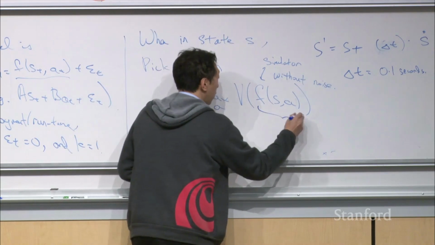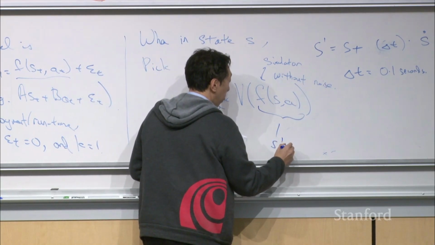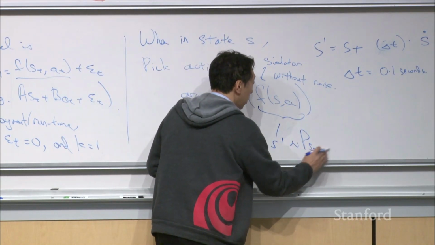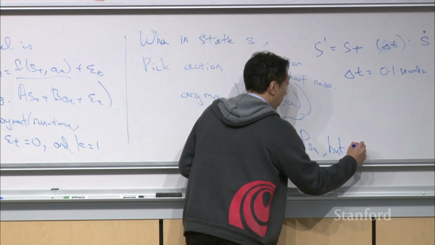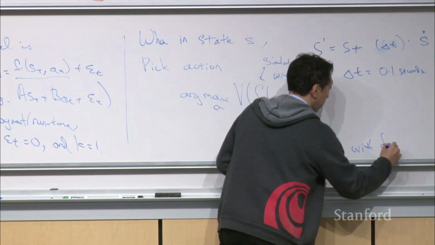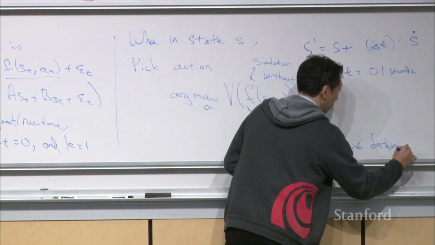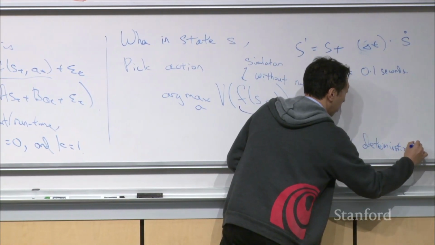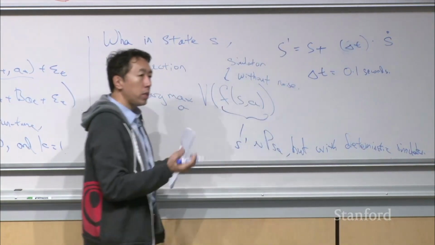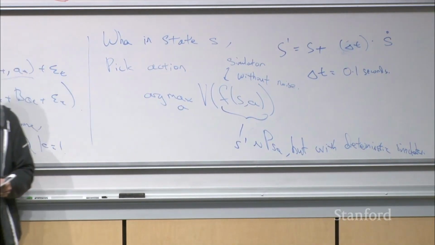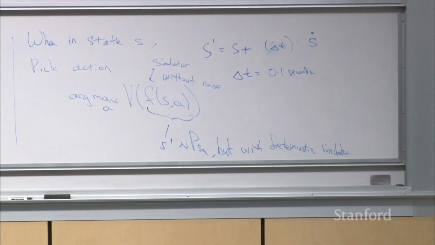So this is really S prime drawn from P_SA, but with a deterministic simulator, right? So every 10th of a second, you could, in your simulator, try out every single possible action.